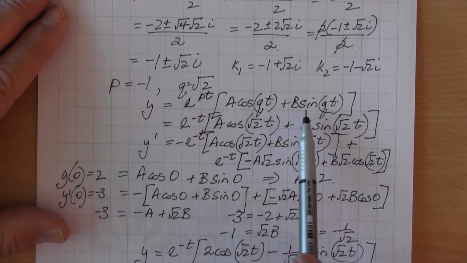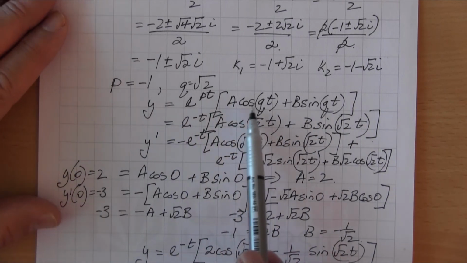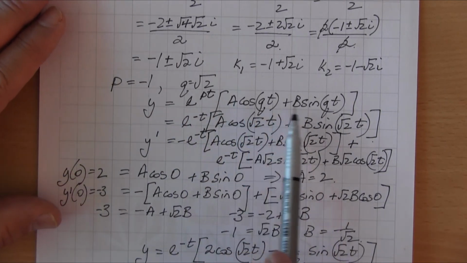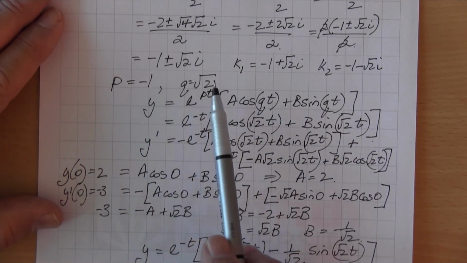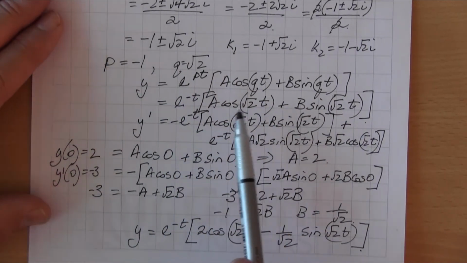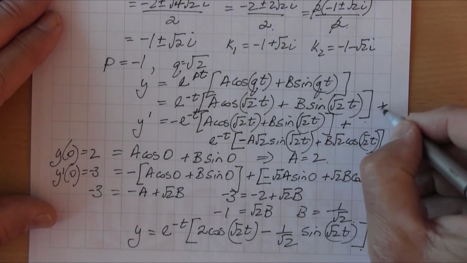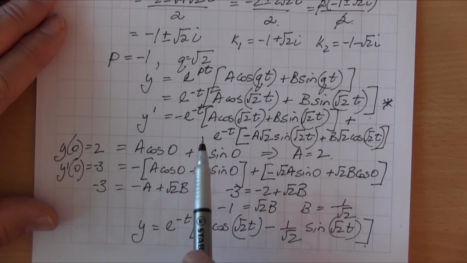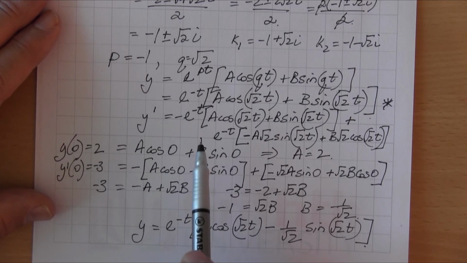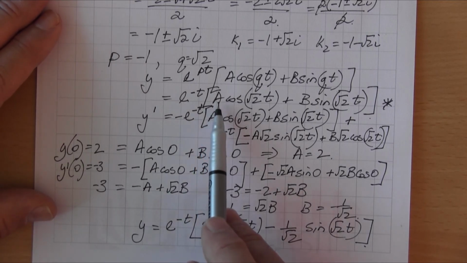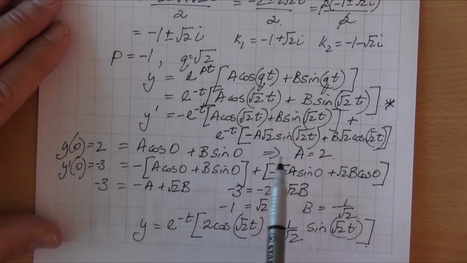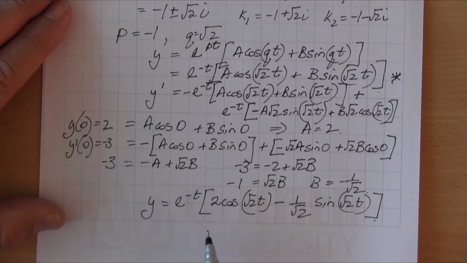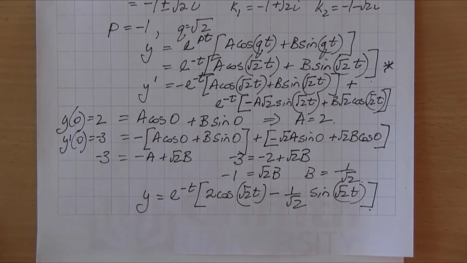This is our general form when we've got complex values for k1 and k2, so we substitute in for p and q into that, and this one here is our general solution. Then we've got initial conditions which we can use to calculate a and b, so we go back and substitute those values in and come up with our final solution.